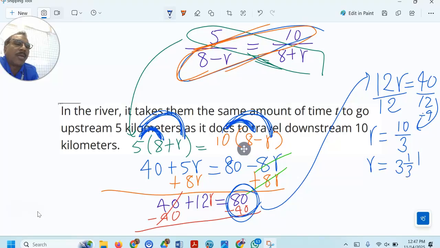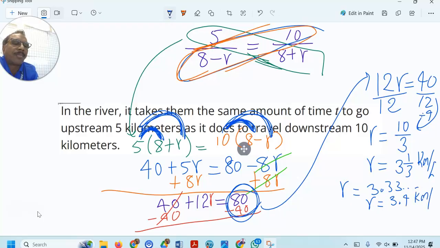It is going to be 3.3333 and so on. We can round it, I'll just round it to 3.4 kilometers per hour.